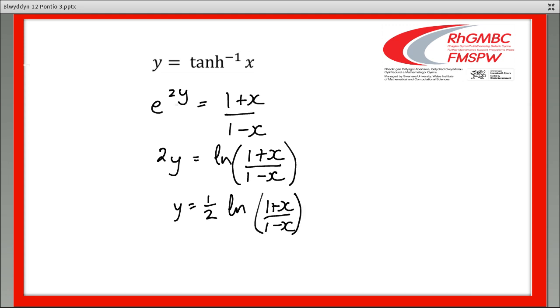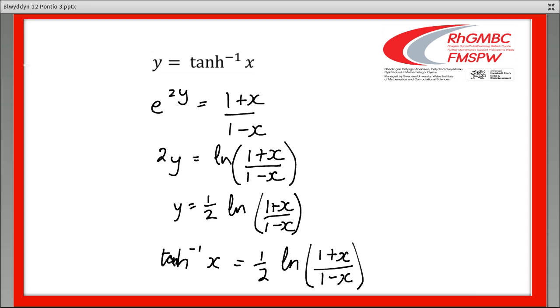So technically we have that inverse tanh, tanh minus 1 of x, equals a half log of 1 plus x over 1 minus x. And there it is.